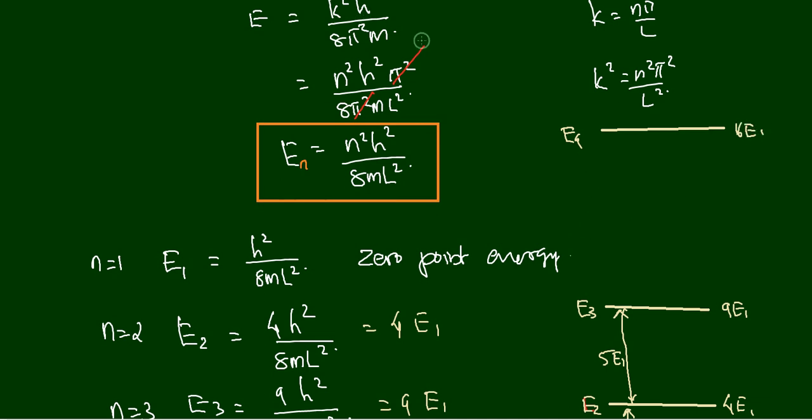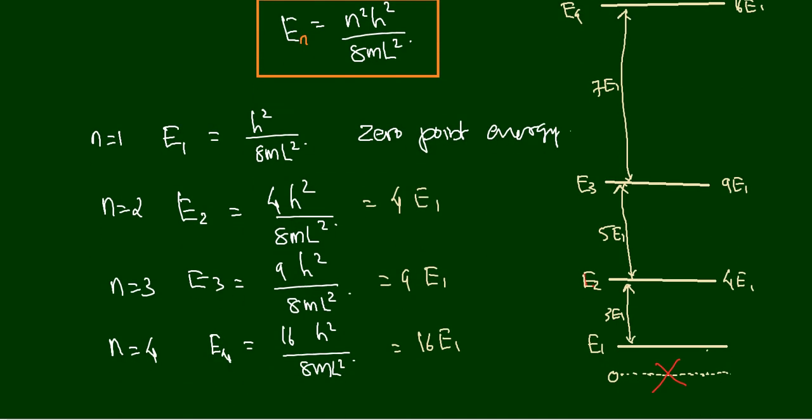And if you are taking the difference between E4 and E3, that is 16 E1 minus 9 E1, that is equal to 7 E1, right? So you can now look at the differences.